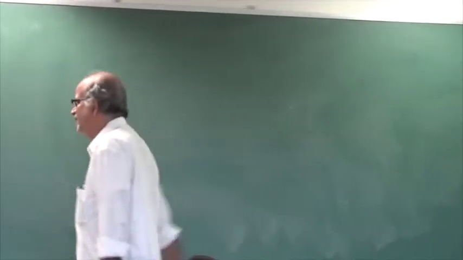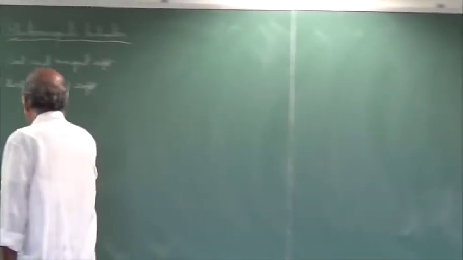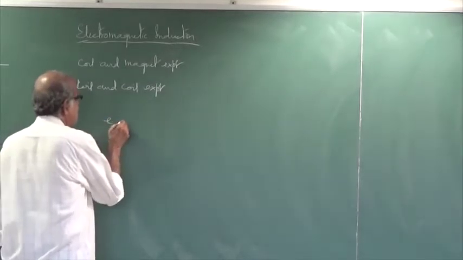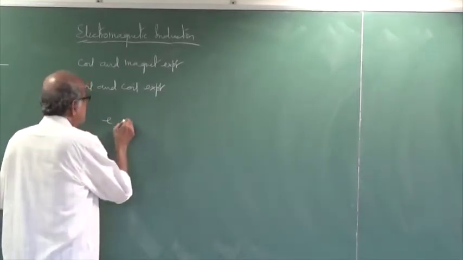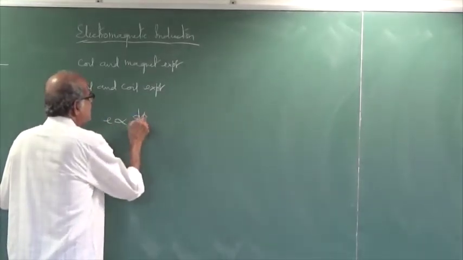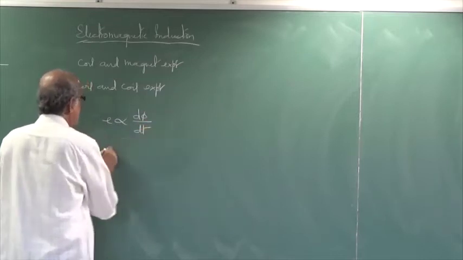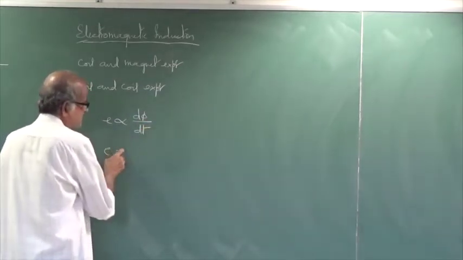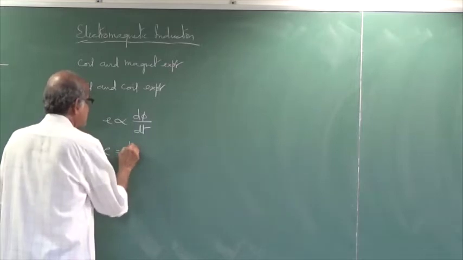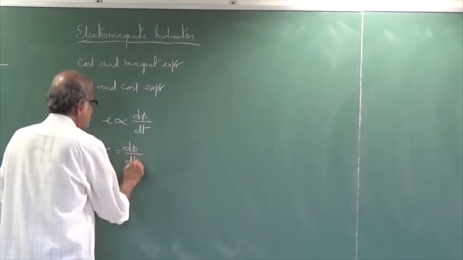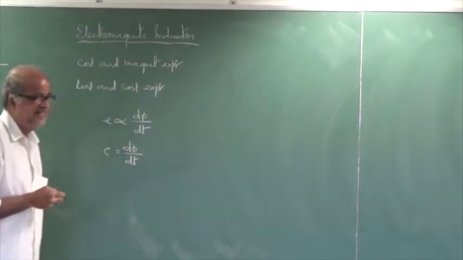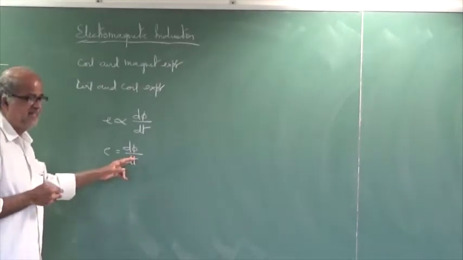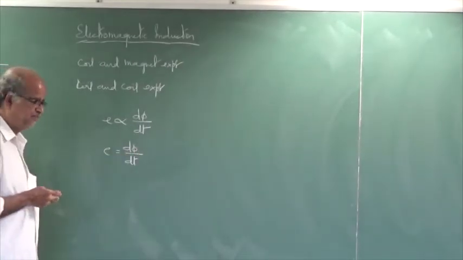Or you can put it in a mathematical form, induced EMF is directly proportional to the rate of change of magnetic flux, or in SI unit we take this constant as 1 and write it as E equal to dφ by dt. Remember it, where φ is the flux linked.